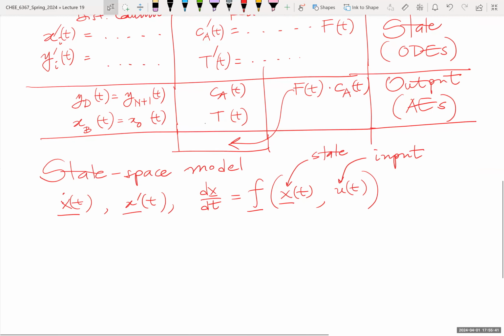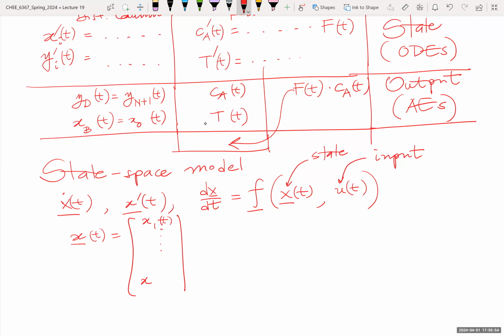And we have said it repeatedly, but let me write it one more time, that x is a vector, x of t is a vector x1 of t all the way through xn of t. Same thing for the function f, which has components f1 through fn.